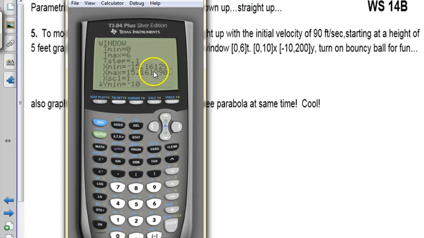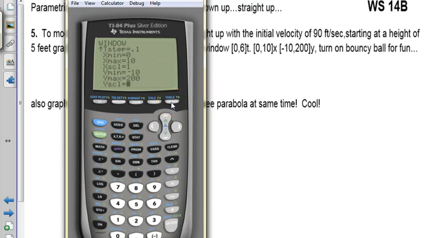Make sure you're doing this. Set your t window, in the window, t 0 to 6, and leave the t-step at point 1. For x, use 0 to 10, and leave the scale 1. And for y, it says use a min of negative 10 to 200, which means you could change your scale. I'm just going to be lazy and leave it 1.